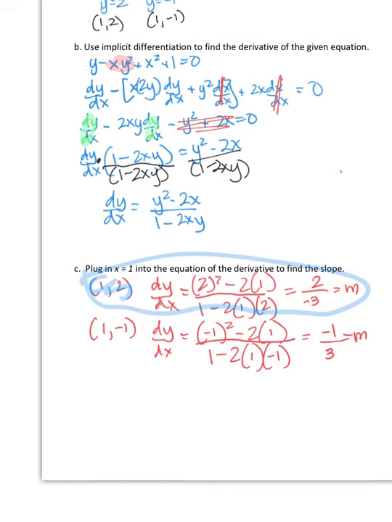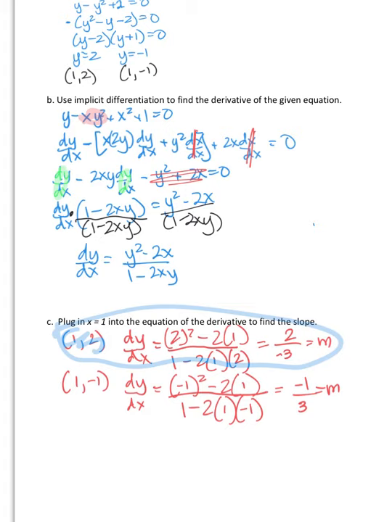So what we do next is write the equation of the tangent line. So we had for the point, what was the point? 1, 2, and our slope was negative 2 over 3.